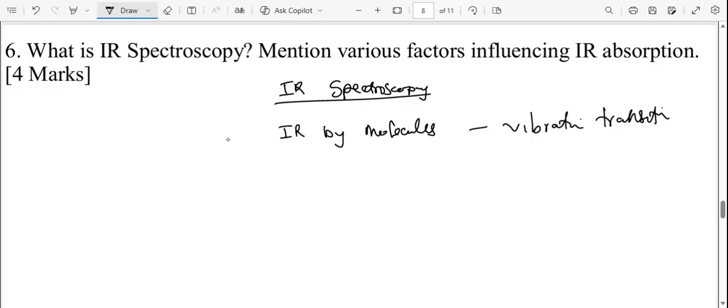So it will be the absorbance of IR by molecules causing the vibrational transition.